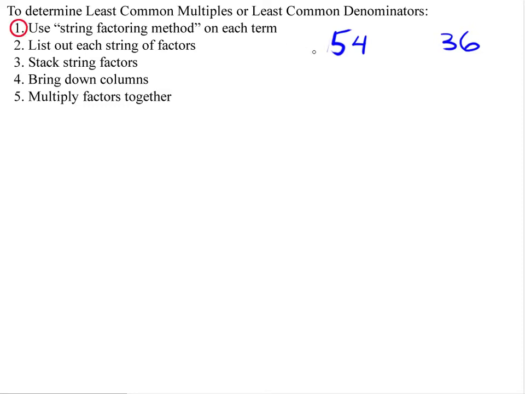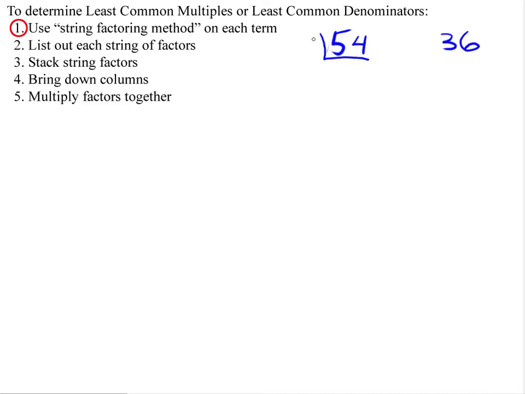Now, the way that works is this. We draw what looks almost like an upside down division symbol here, and actually what we're doing is kind of dividing upside down. We see that this number is even, so we try to find the smallest number that we can divide into this.